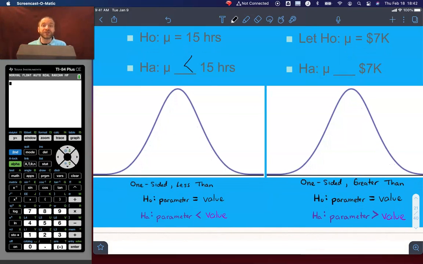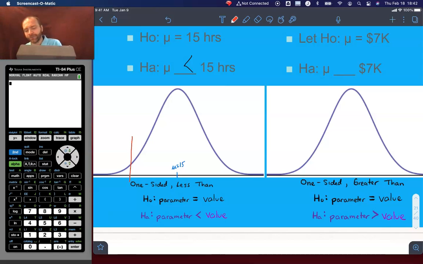The distribution is based off of their claim being true, which means in the middle of this is their mu equals 15. We are going to create an area over here that we're going to call the rejection zone.